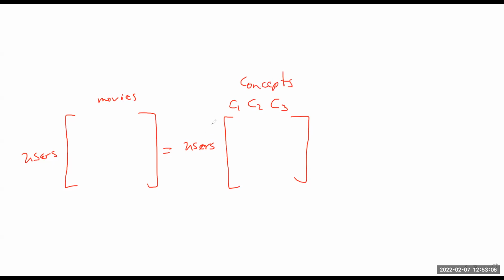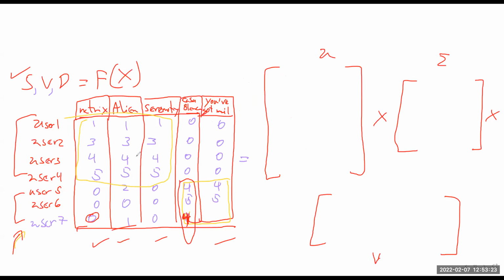So what it does is that it's going to take the users, and in these concepts, it's going to say whether that user correlated highly to that concept or not, by putting a value to it. So in a sense, that concept will capture, we found these concepts, right? We found like sci-fi or action or thriller, and we found like romance.